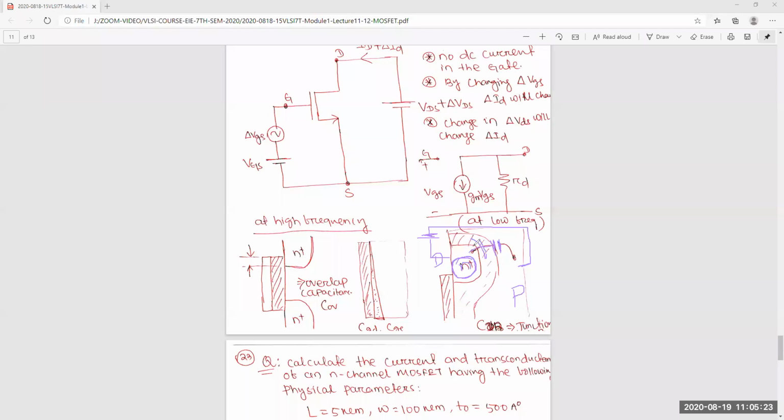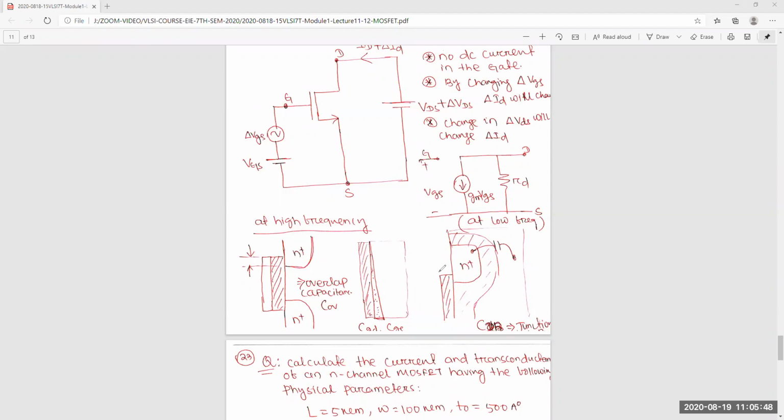This depletion region also increases, so the capacitance also changes. What is the capacitance? You'll see how it changes the capacitance. So overall you got the idea of what the capacitances are.